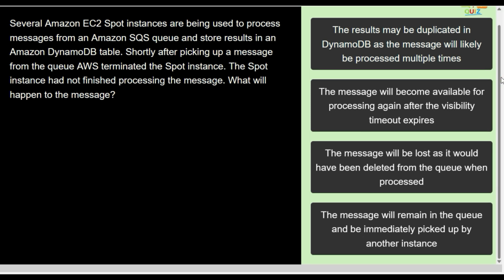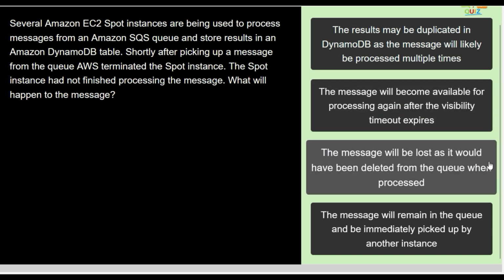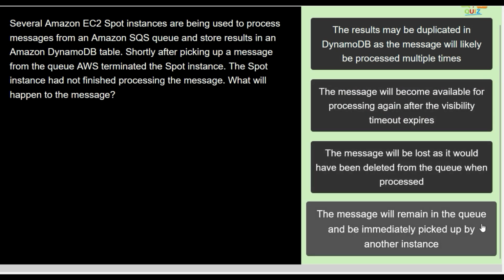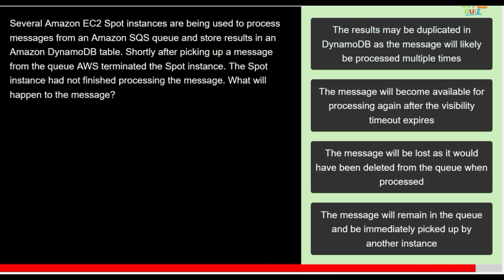You again have four options. This is option 1, this is option 2, this is option 3, and this is option 4. Got it? You'll again have 10 seconds to answer this question. Your time starts now. Time up.